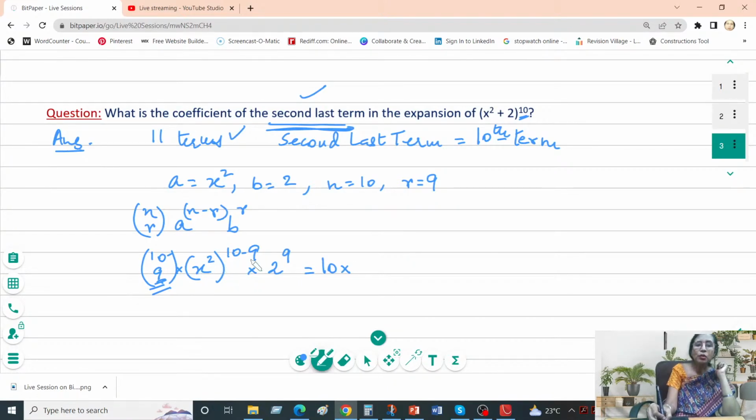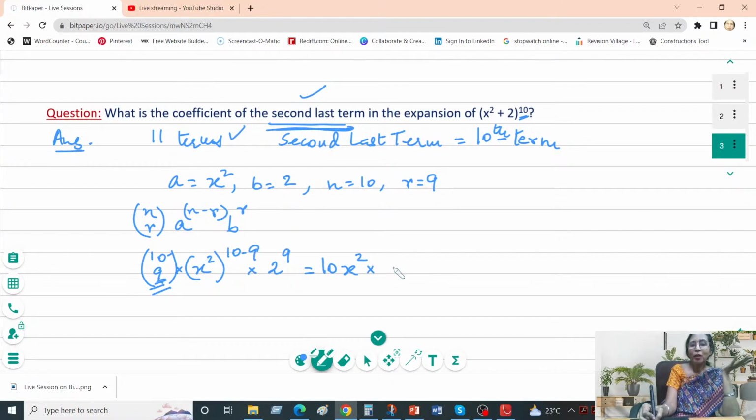x squared raised to the power of 10 minus 9 is 1. So it is x squared to the power of 1, which is x squared. And 2 to the power of 9. It is guaranteed that you have learned computers.